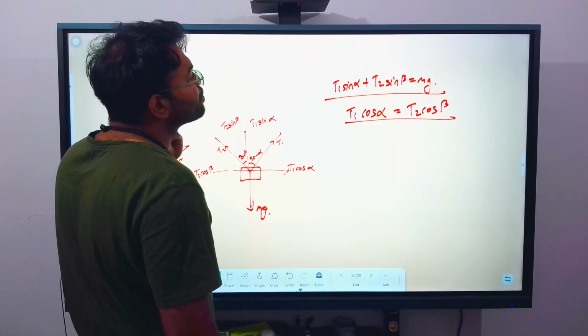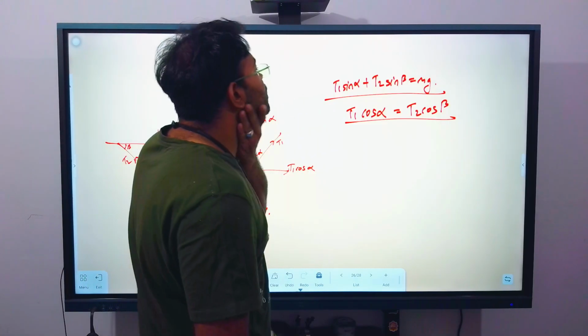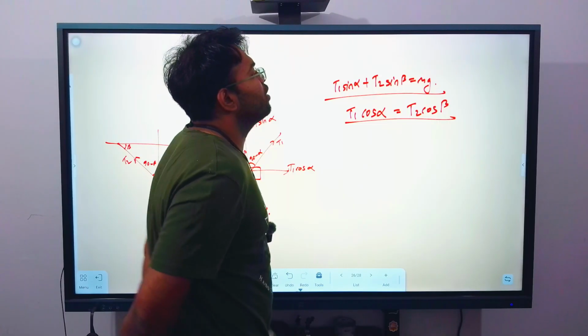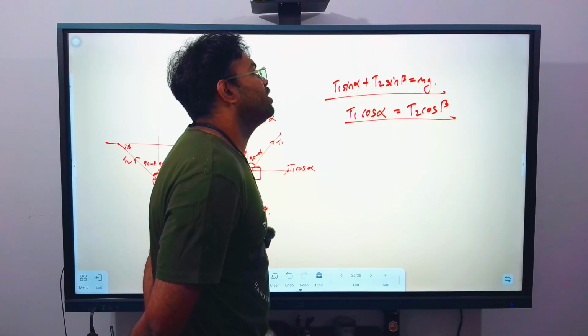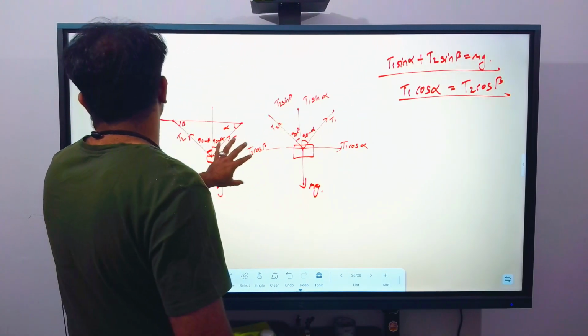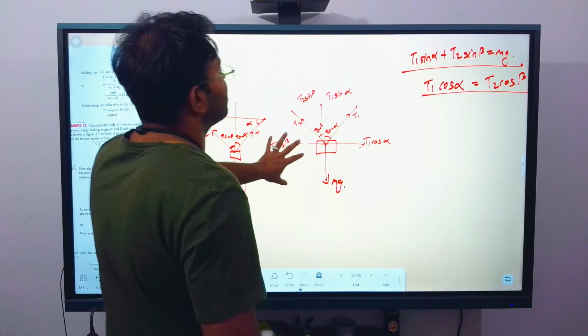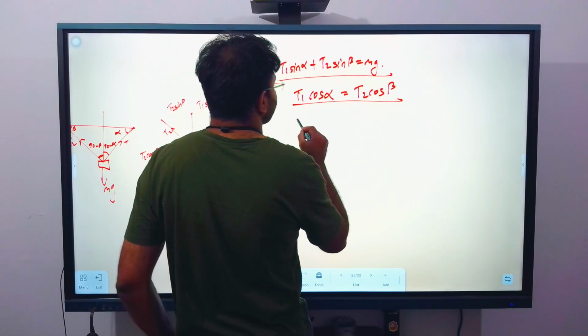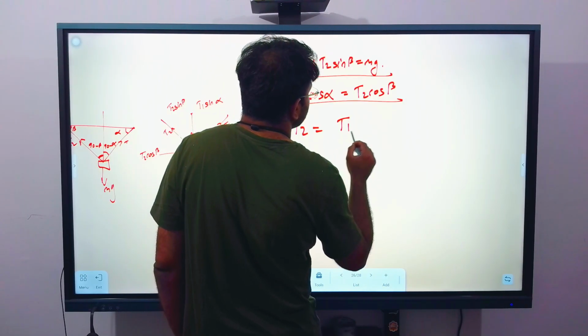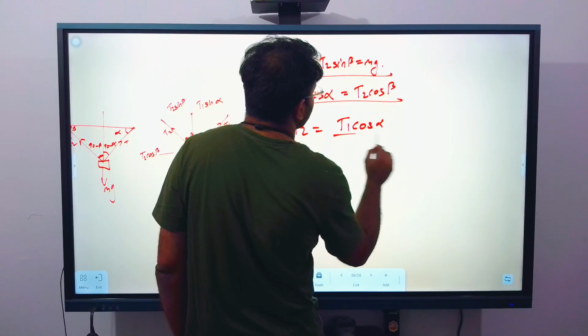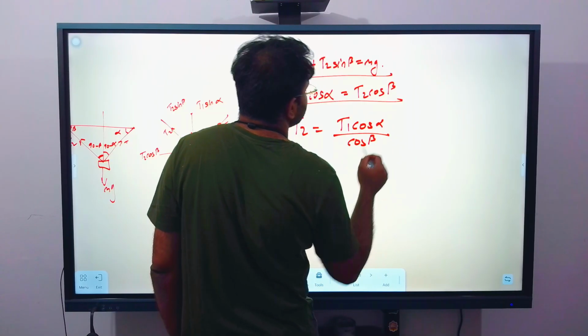What can we do? From the second equation, can I substitute the value of T1 based on T2 or T2 based on T1? What they have done is substitute the value of T2. So T2 is equal to what? T1 cos alpha upon cos beta.